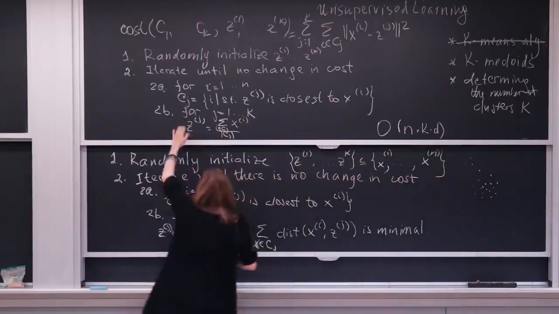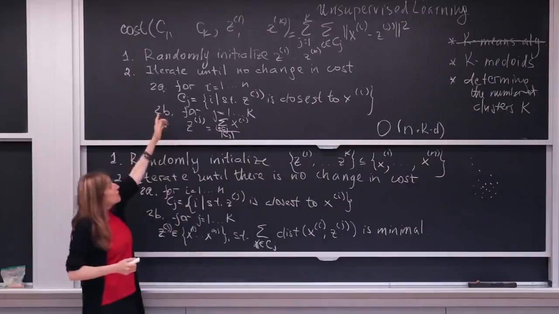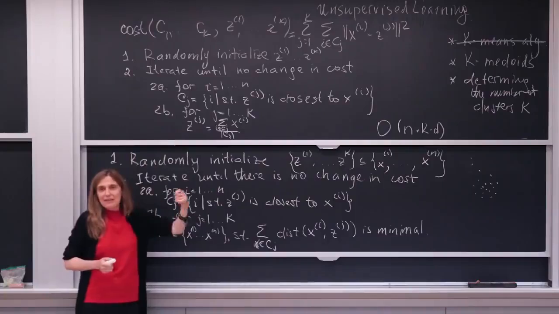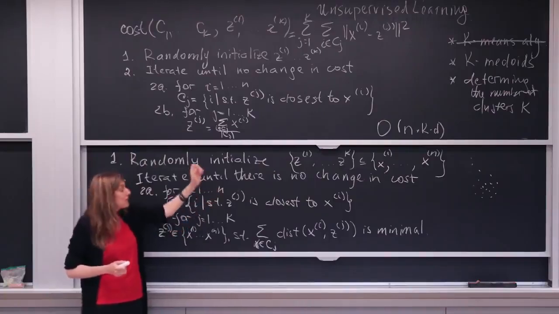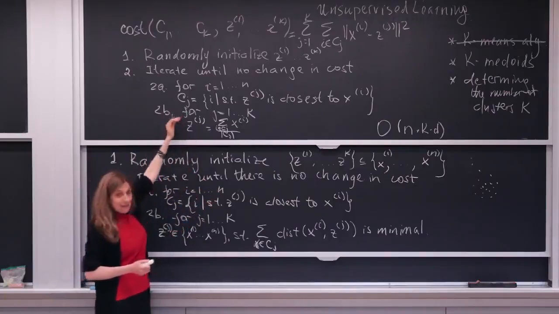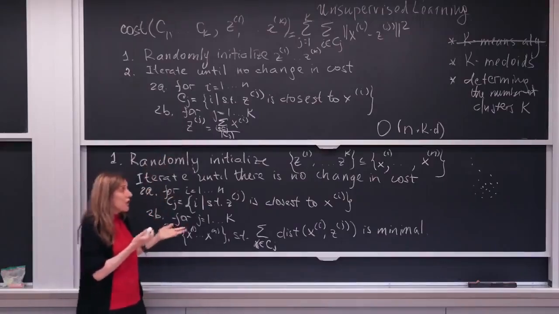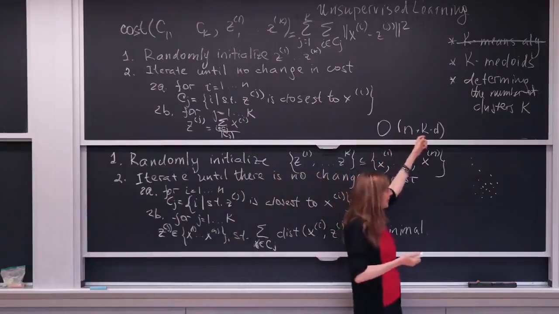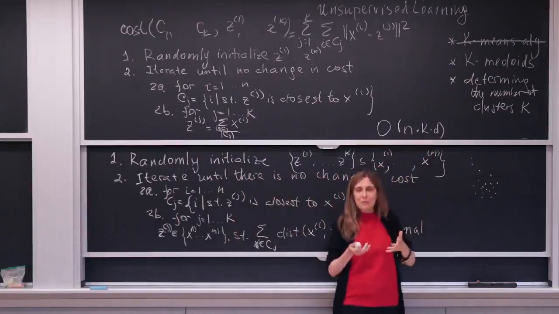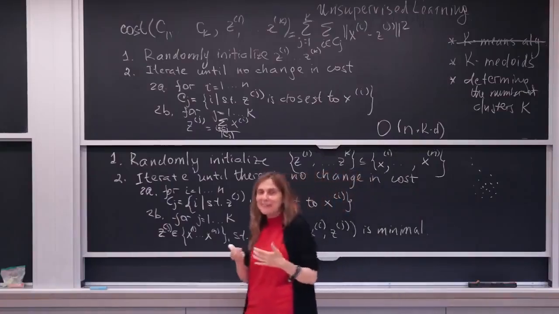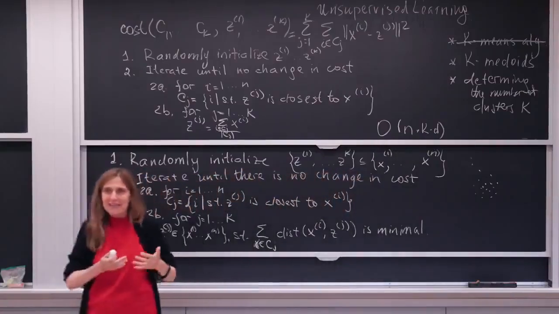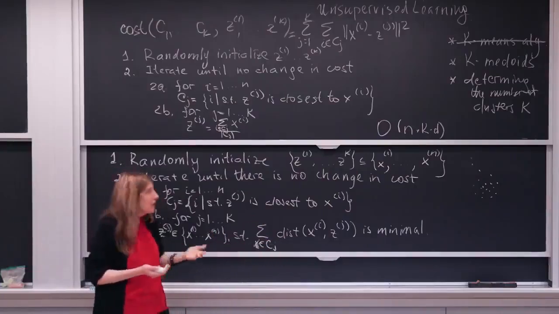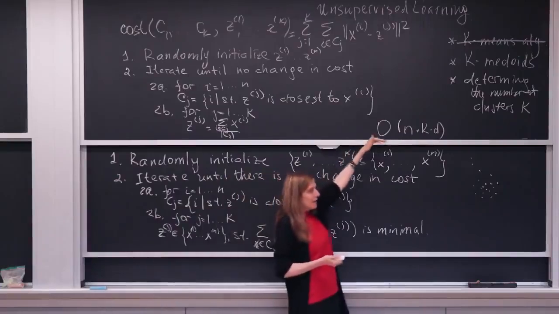For instance, for stage 2a, you need to go for each point and find for it the closest representative. So the order of computation will be n multiplied by k, because you have n points and you have k representatives. And the reason we're multiplying by d is that remember our instances, our x's, may be very high dimensional vectors, and if we want to account for it, we can add it to our complexity.